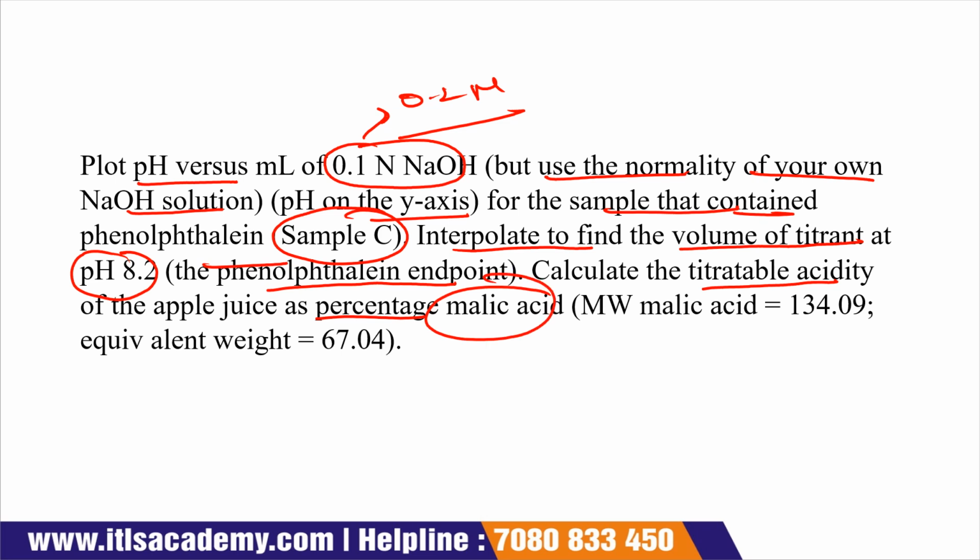The molecular weight of malic acid is 134.09, and equivalent weight of malic acid is 67.04. So this is all about how we determine the titratable acidity and pH of the food sample.